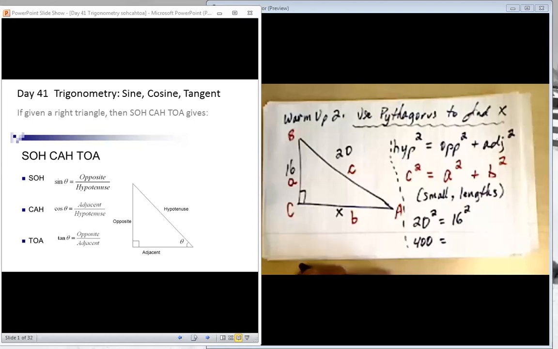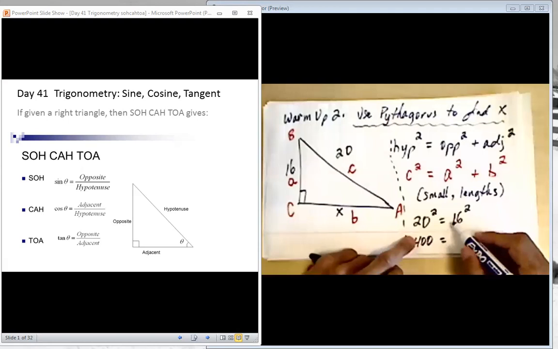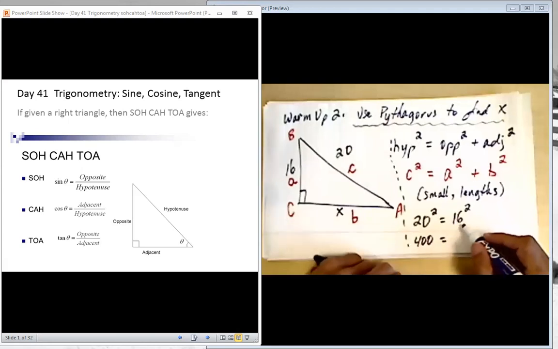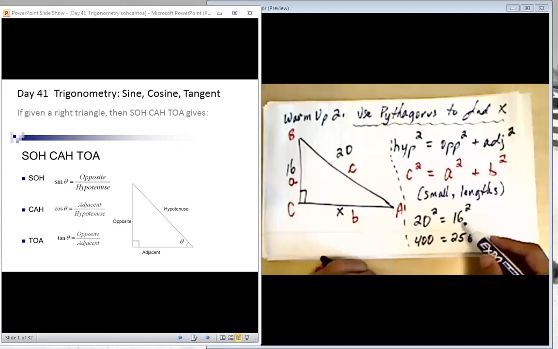Uh, 196, I think. Let's see, is it though? 2, 3, 6. That's 4, 2, 8. No, I don't think it is. 256, yeah. I get the other one, 196 is 14 squared, I think. And even as a math teacher, I still get them mixed up once in a while.